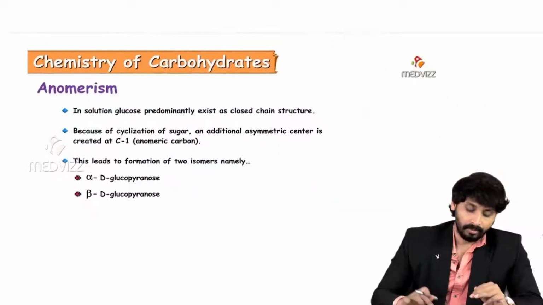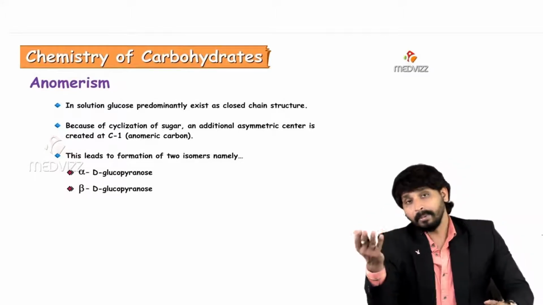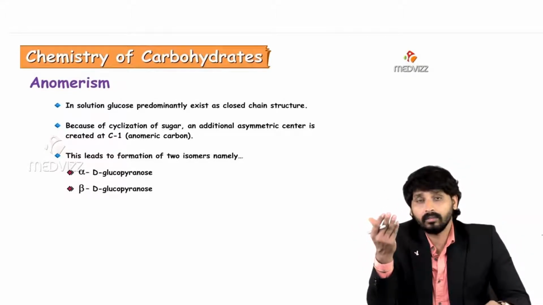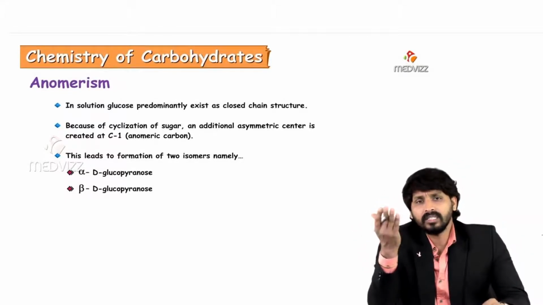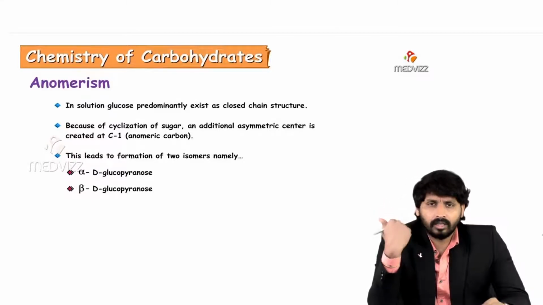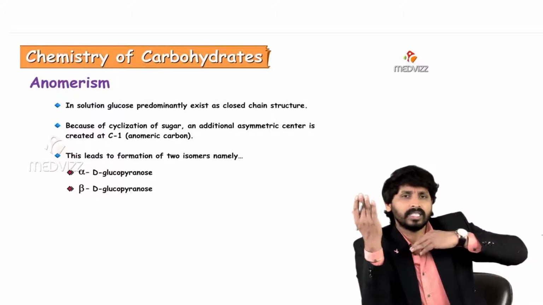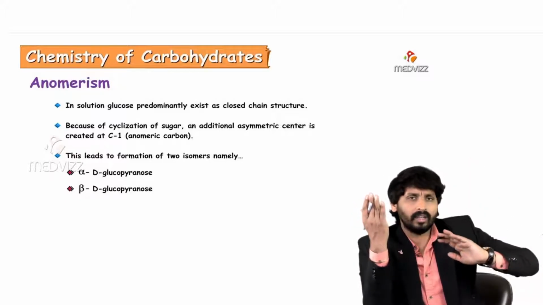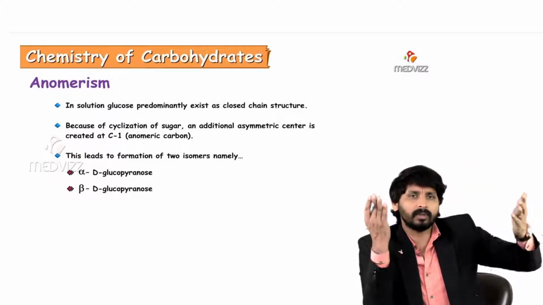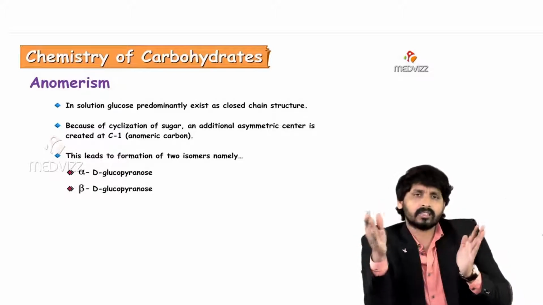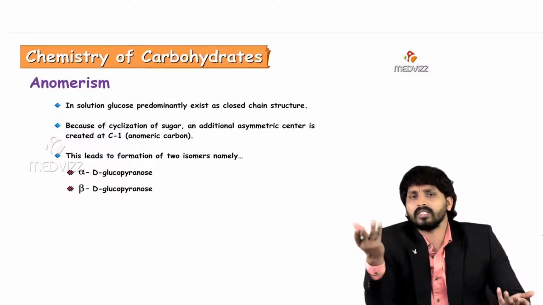Okay, anomerism. In epimerism, what we have discussed, there might be a difference at any carbon other than the anomeric carbon. That means leaving the anomeric carbon, the difference may be at C2, C3, C4.